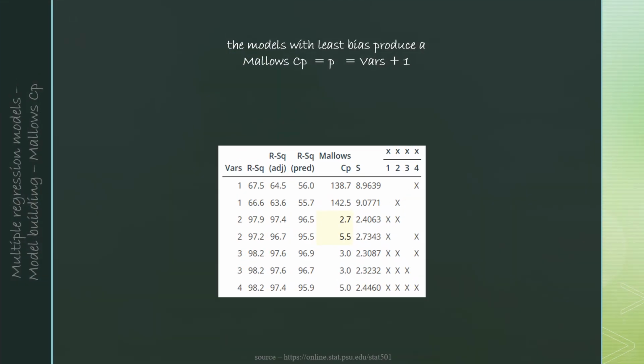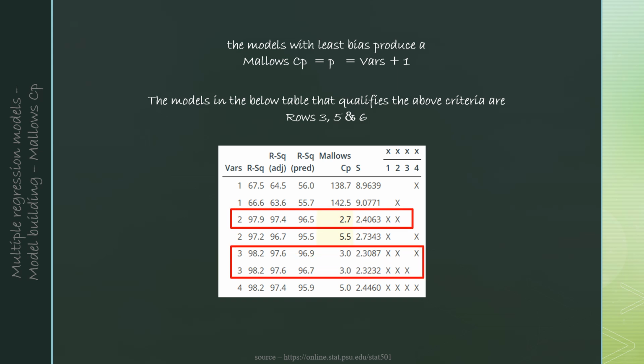We learned that the models with least bias produce a Mallows Cp that equals P, which equals wheres in the table below plus 1. The models or rows in the below table that qualify the above criteria are rows 3, 5 and 6. Row 3 being the closest to satisfy the Mallows Cp criteria.